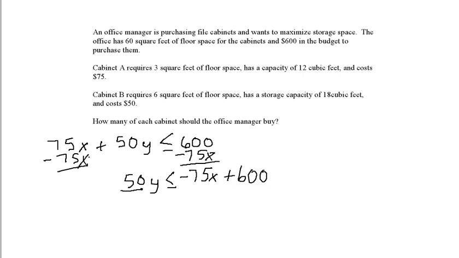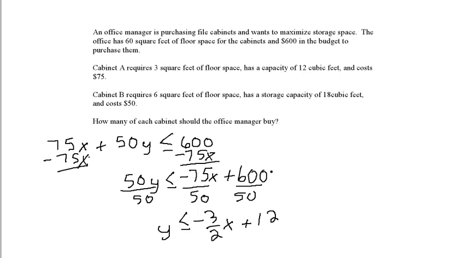Divide everything by 50. So you're going to have y is less than or equal to, reduce this, divide both of those by 25, so that's negative 3 over 2 x plus 12.